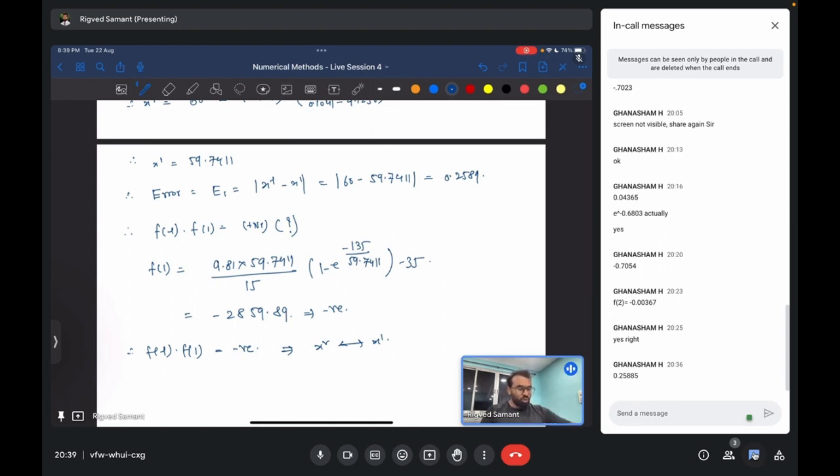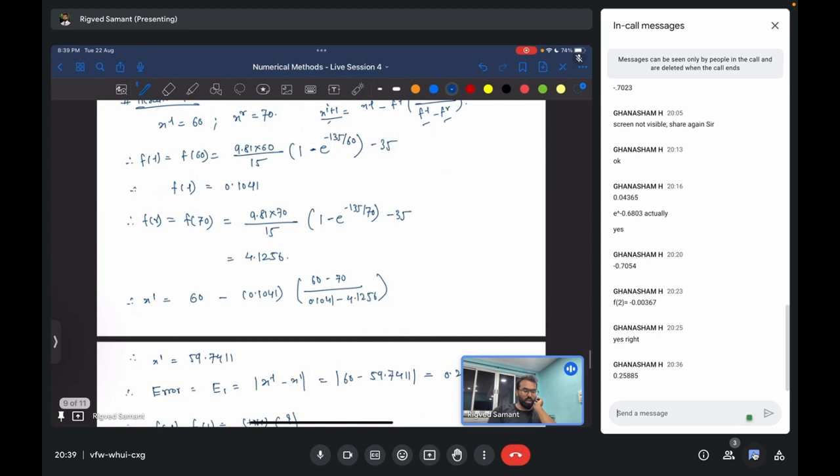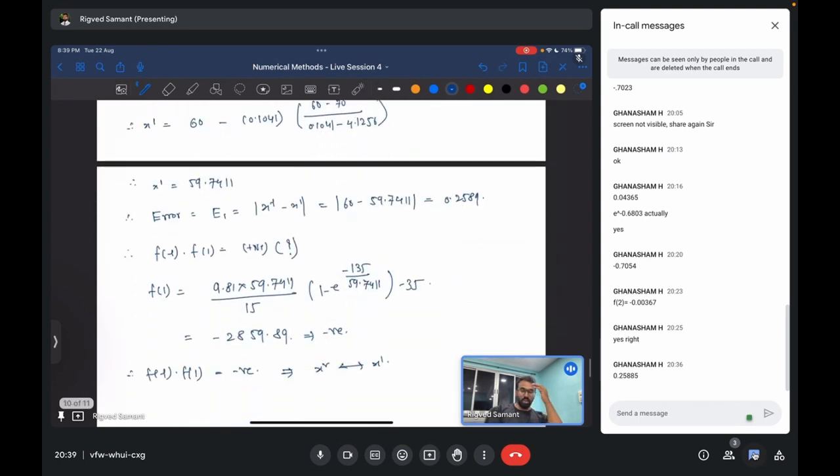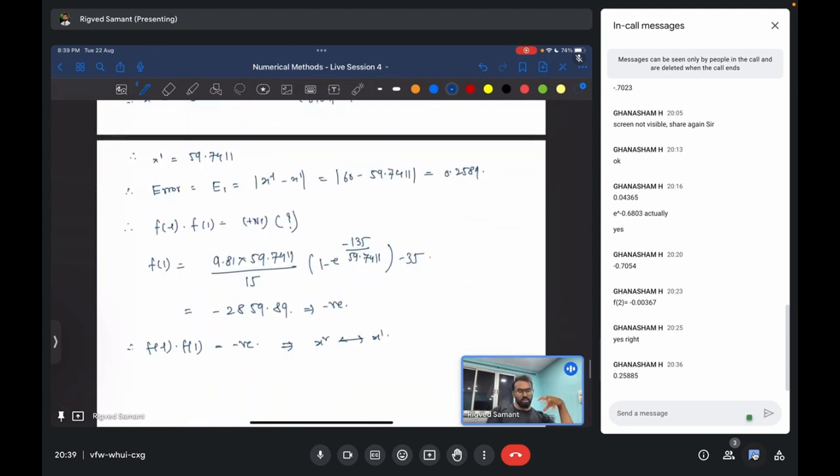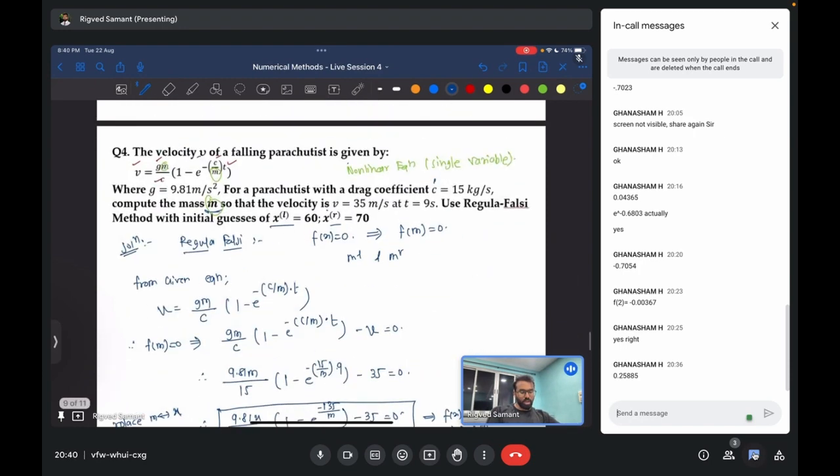Correct? So you know the drill now, how to get x2. We have already talked about Excel and the Regula-Falsi, and this was just a demonstration on the actual physical problem. What we did is, we had given one description of the problem.